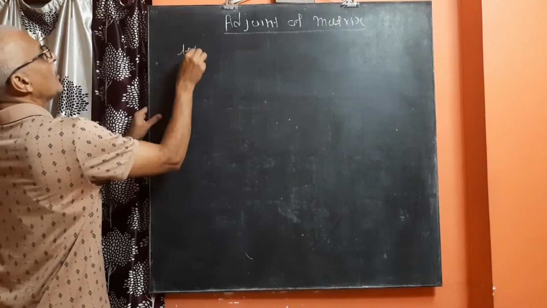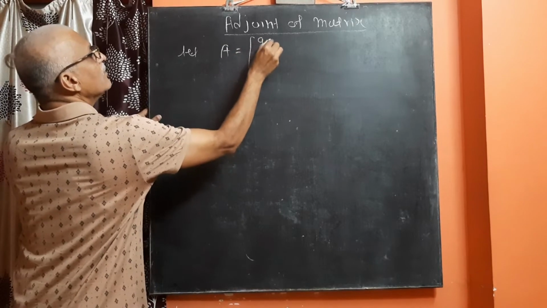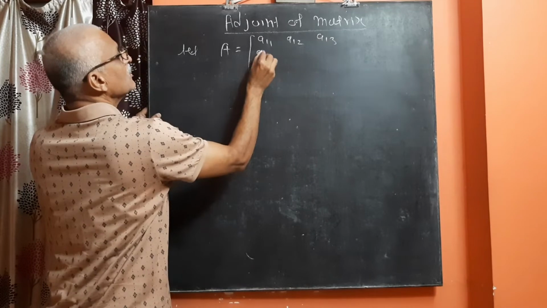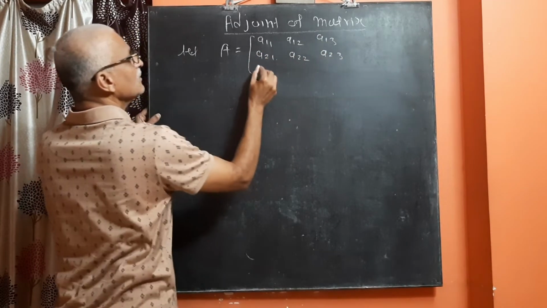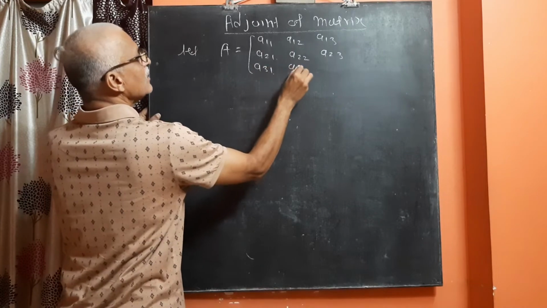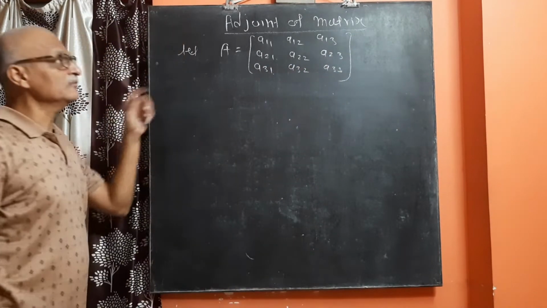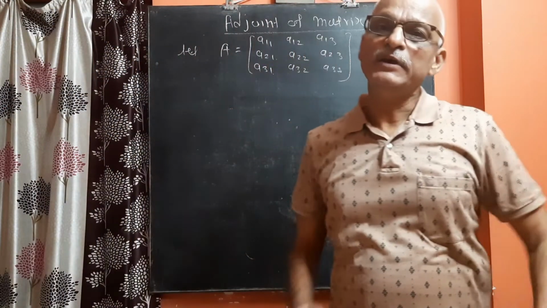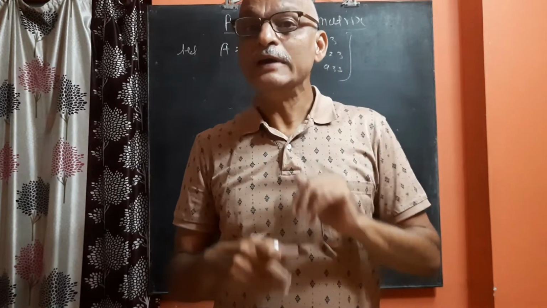Let capital A equal the matrix of A11, A12, A13, A21, A22, A23, A31, A32 and A33. We have to find out the cofactors of each element.